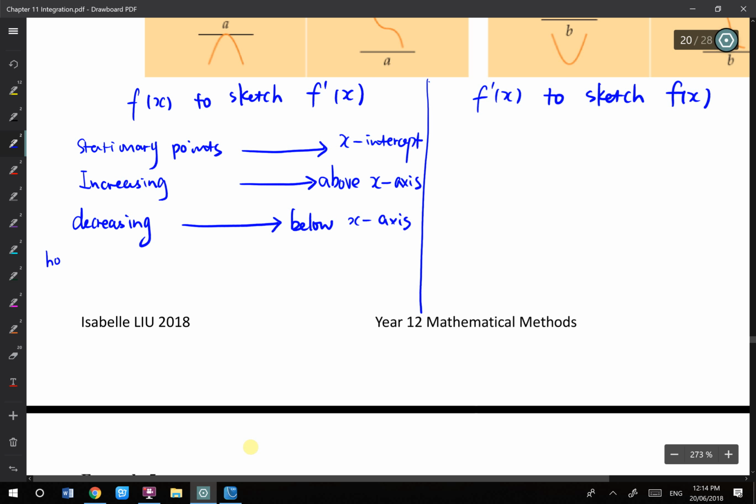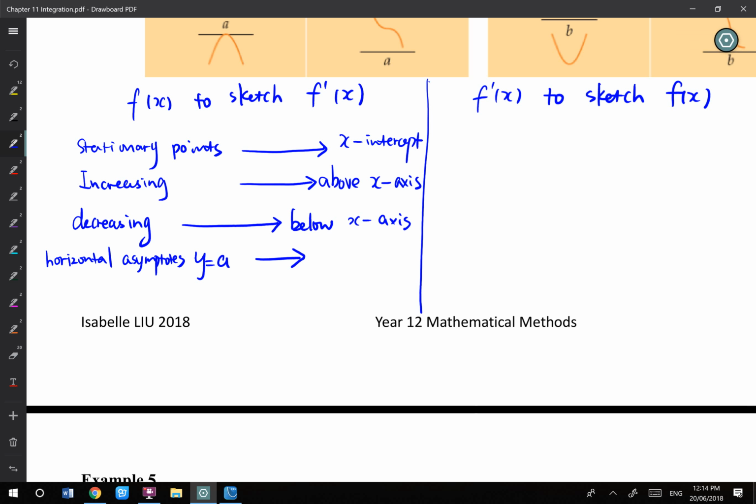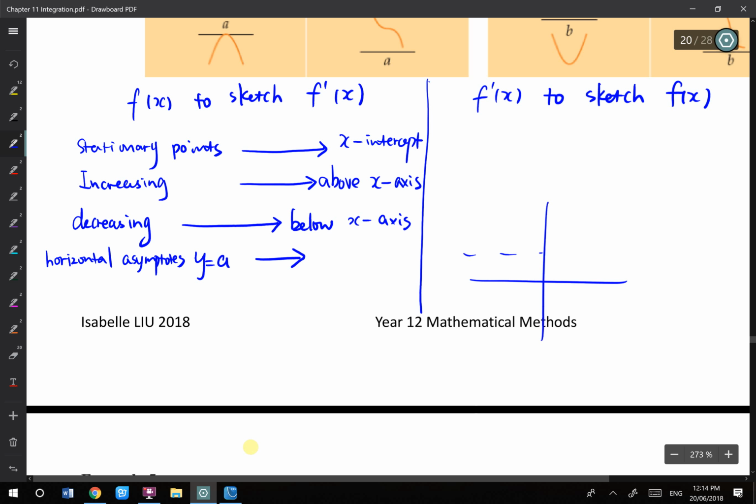How about if I have horizontal asymptotes, like y equals a? How will this reflect on the f'(x) graph? Say you have a graph that looks like this. On this side, it approaches y equals 2. On the f'(x) graph, the asymptote is at 0.